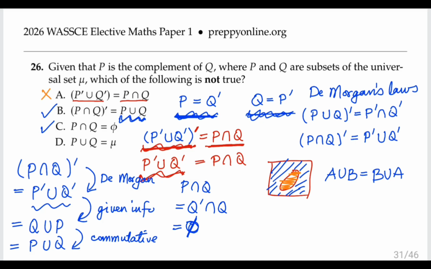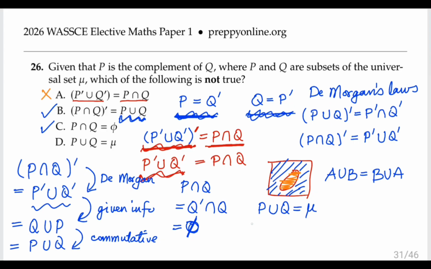What about D? P union Q, we are being told, is the same as the universal set or the full set. Here the idea we use is that we are told P is equal to Q complement.